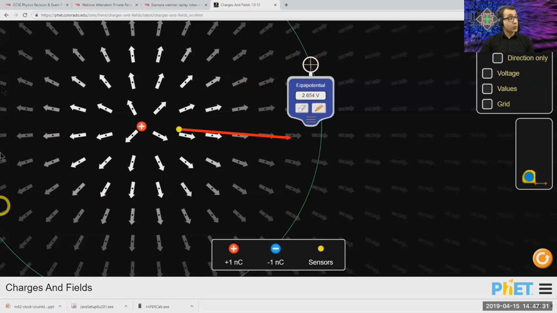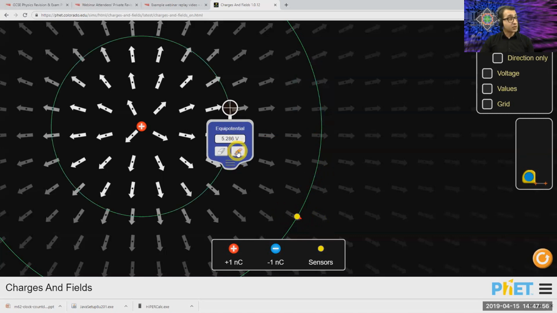So this is called an equipotential line. So if I was to place this sensor over here, it would have the same repulsive force acting on it. Remember, the sensor represents a positively charged object. It would have the same repulsive force acting on it as if I was to place it over here. The only difference would be the direction that the force is acting on it. And so these are called equipotential lines.